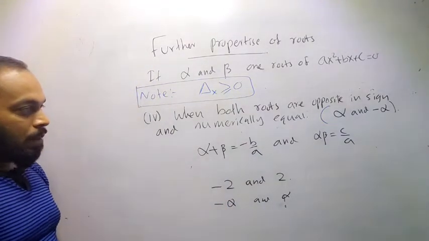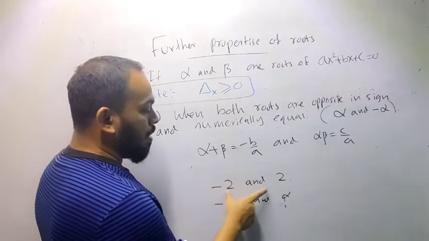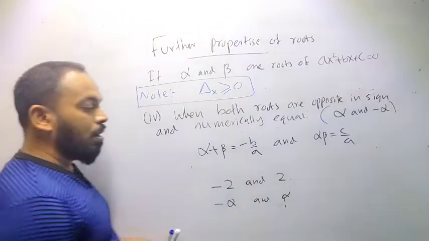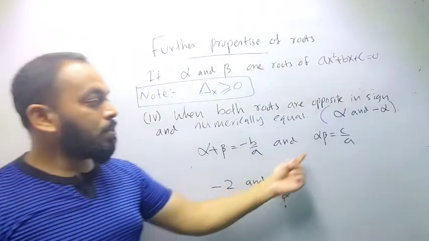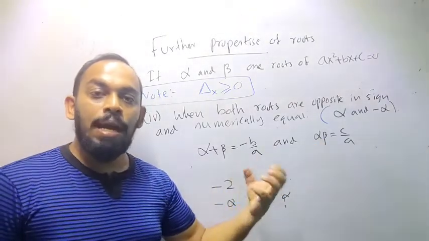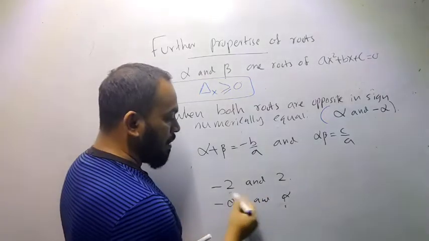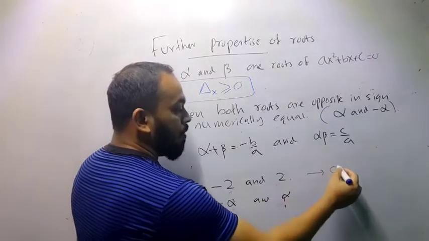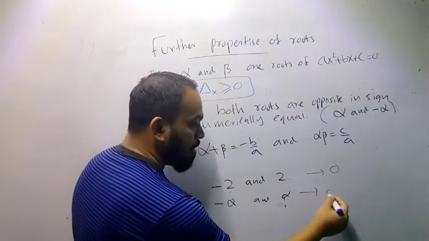So what happens in this case? The signs of the roots are opposite to each other, which means their product would be negative, definitely. But what happens when you add them up? If you sum these two, negative alpha plus alpha, you get 0.